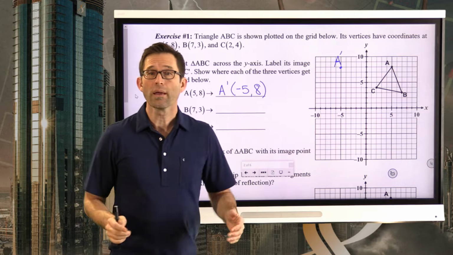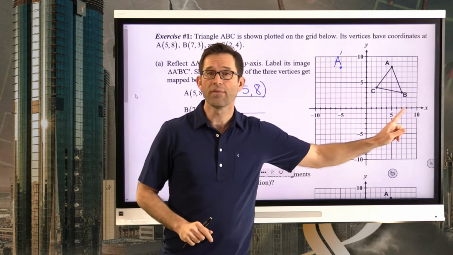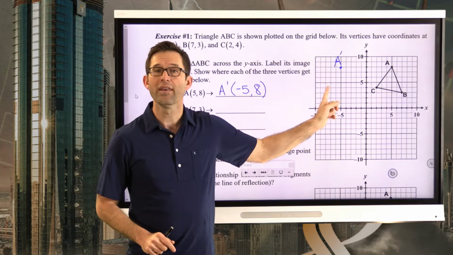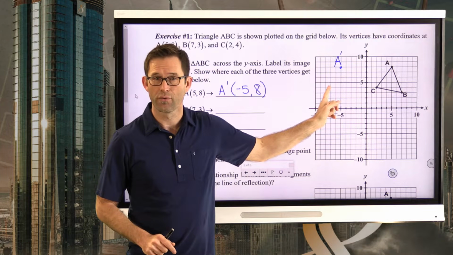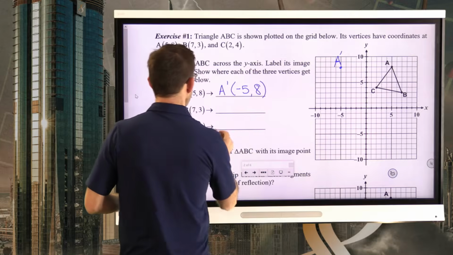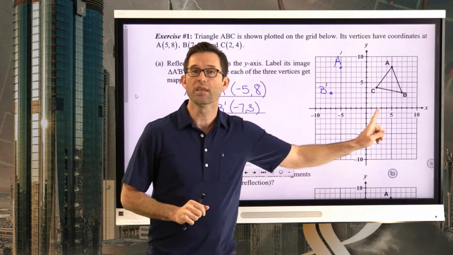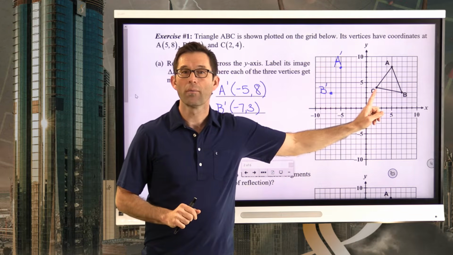All right. And likewise, here B at (7, 3), if we folded it over, would be over here at (-7, 3). So let's write that down, B prime, (-7, 3), and let's plot it right there. And finally, of course, we've got C at (2, 4).